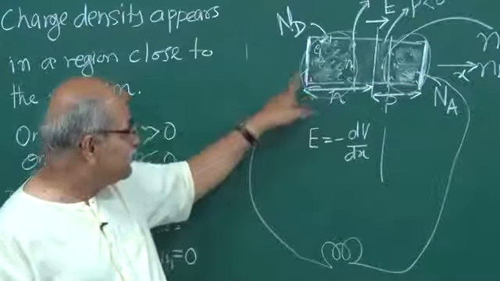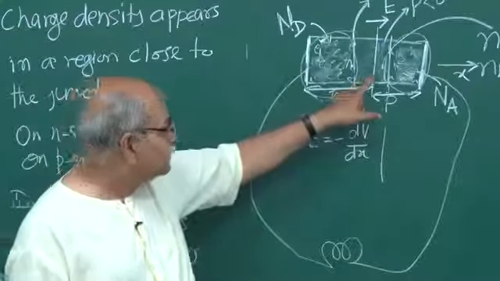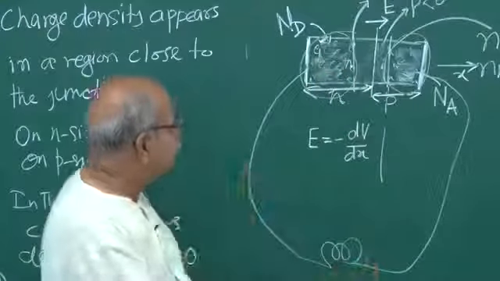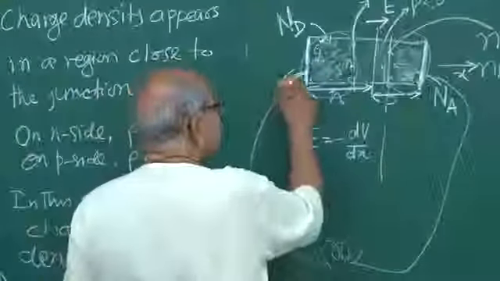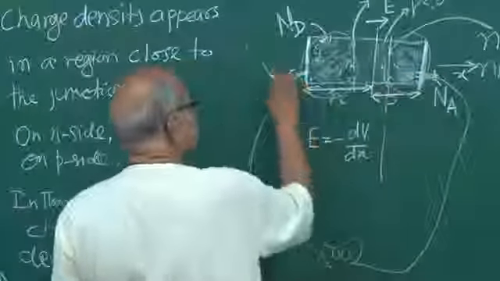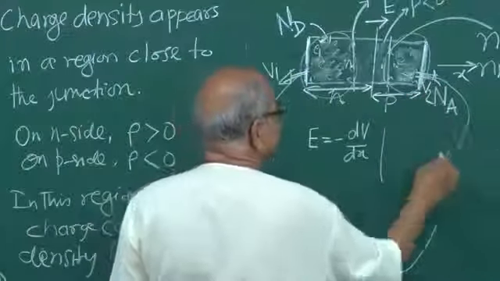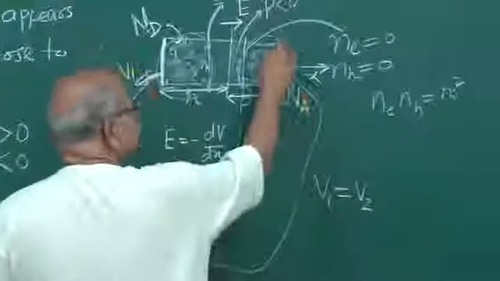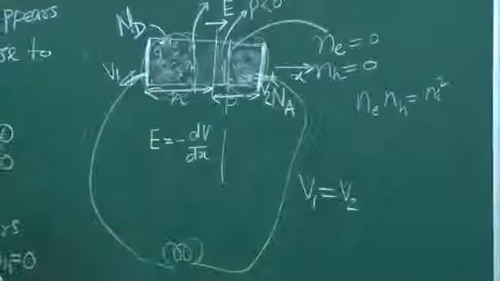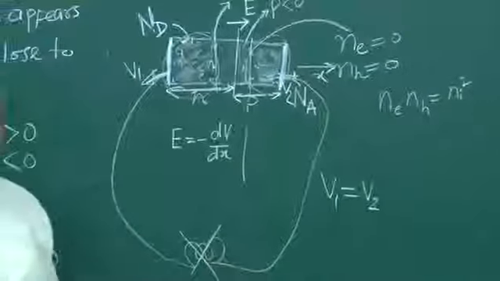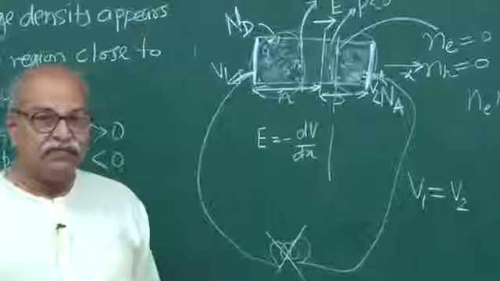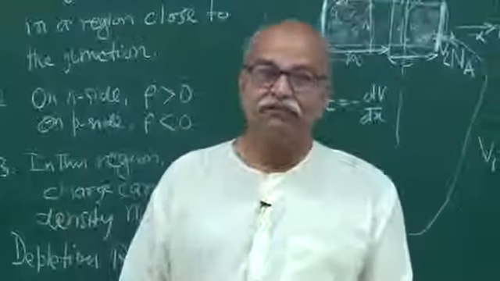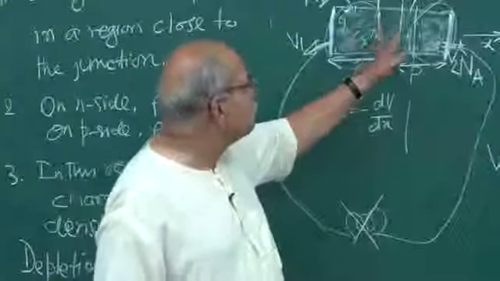Here there will be a contact potential difference, and here also. And when you sum all these things, this potential is finally the same as this potential, V1 equal to V2 after those metallic contacts, and so this bulb is not going to glow anymore.